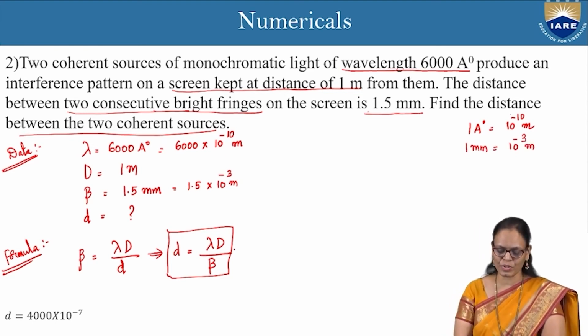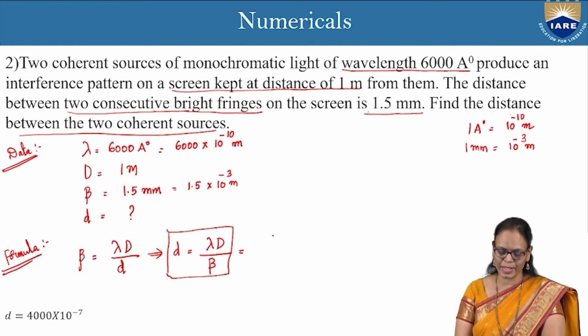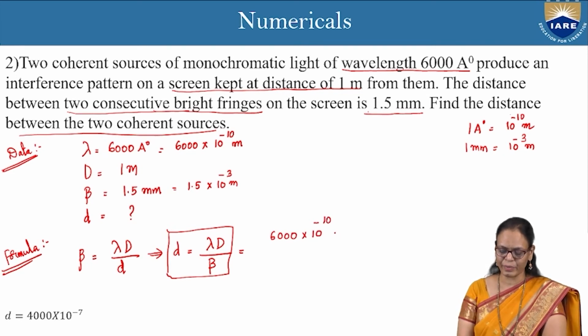So let us substitute the things in this formula. The third step is substitution. Lambda is 6000 into 10 power minus 10, into D is 1, upon beta is 1.5 into 10 power minus 3.